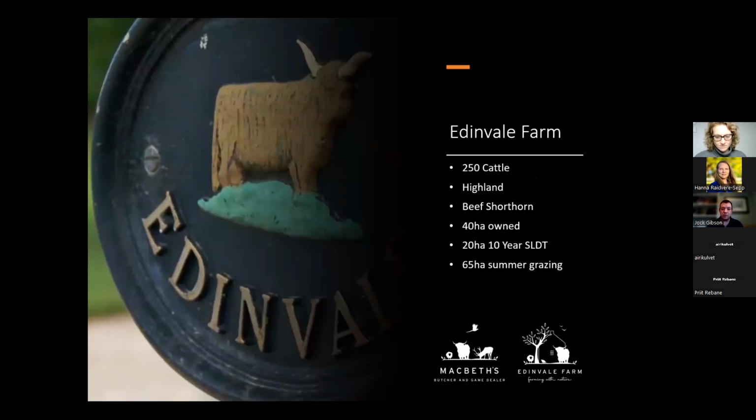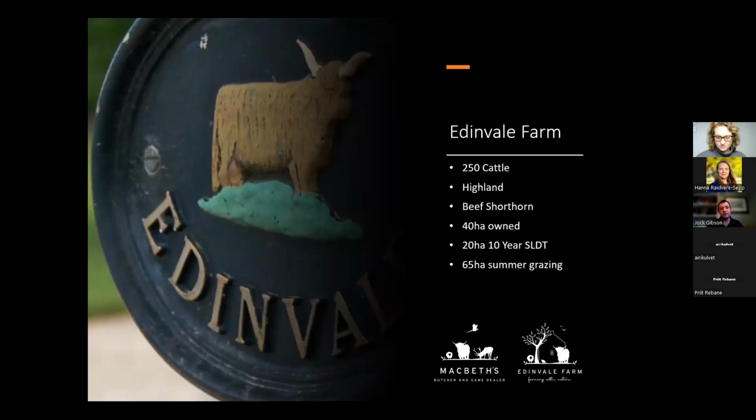So on our farm, we have about 250 head of cattle, with a mixture of Highland and Shorthorn genetics. So the Highland is very important to us. When my father bought the farm 50 odd years ago, he started off selling pedigree Highland cattle throughout the world, and a lot into Eastern Europe, but also into Australia, New Zealand, and North America and Canada.